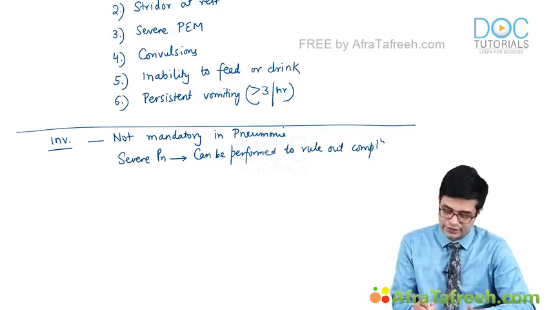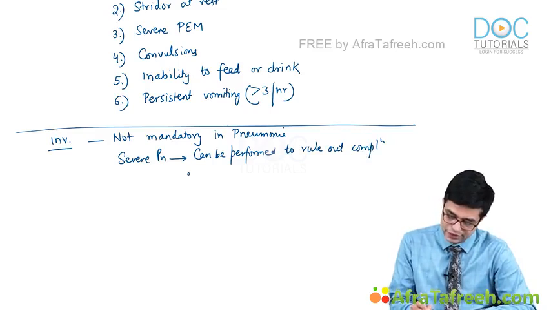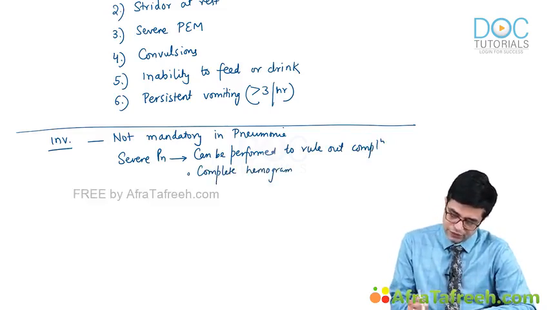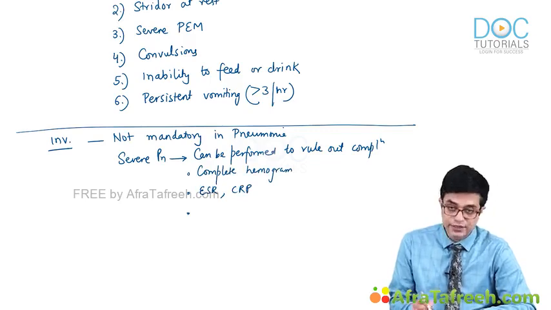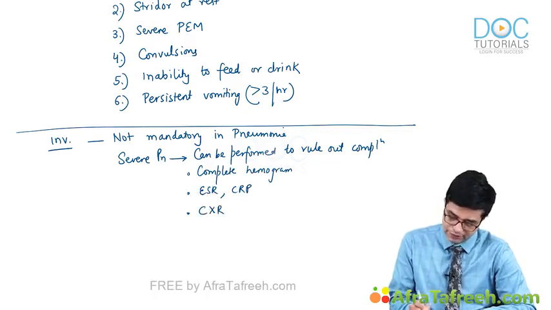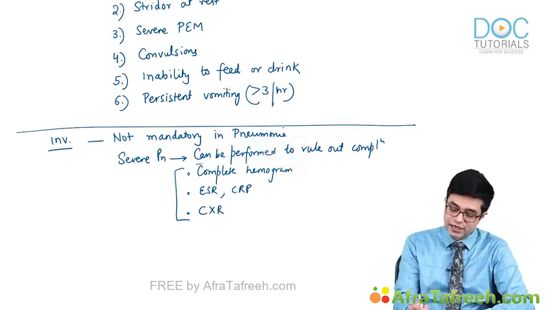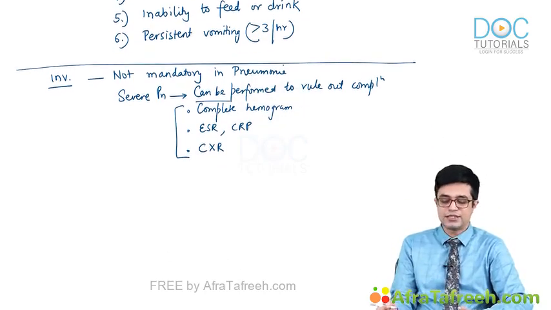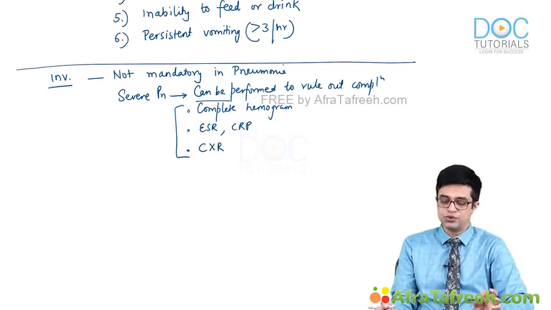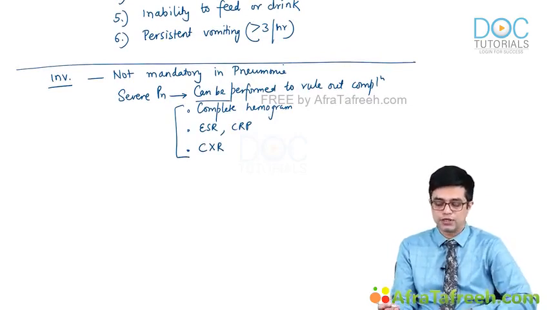So they are not mandatory. What are the things that can be done? You can perform a complete hemogram, and inflammatory markers like ESR and CRP. And thirdly, you can perform a chest X-ray. As I keep saying, they are not mandatory, they can be done. So complete hemogram, ESR, CRP and chest X-ray are the usual investigations which are performed.